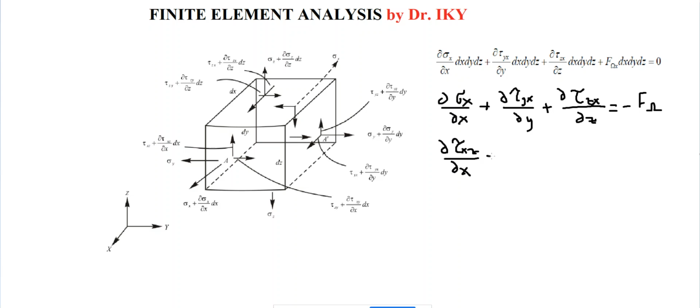Again, the same. Plus, this time, the same axis. Because of that, we are using d sigma y over dy plus d tau zy over dz. We have forgotten this one.